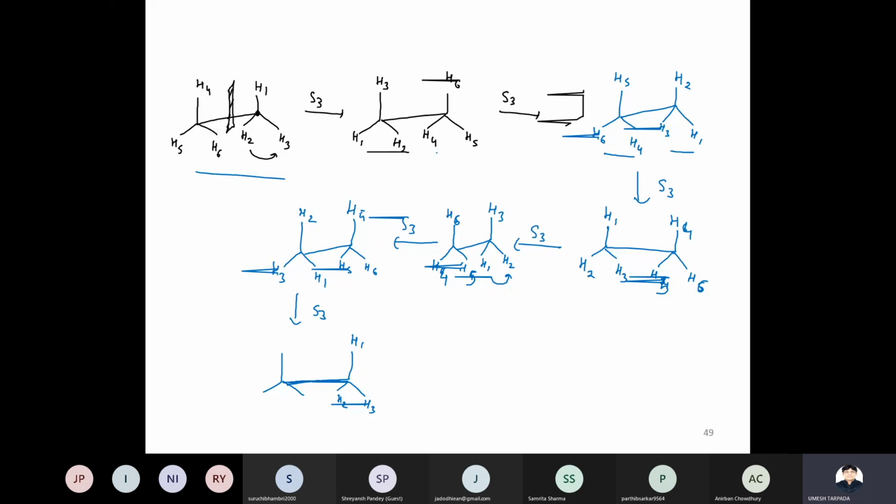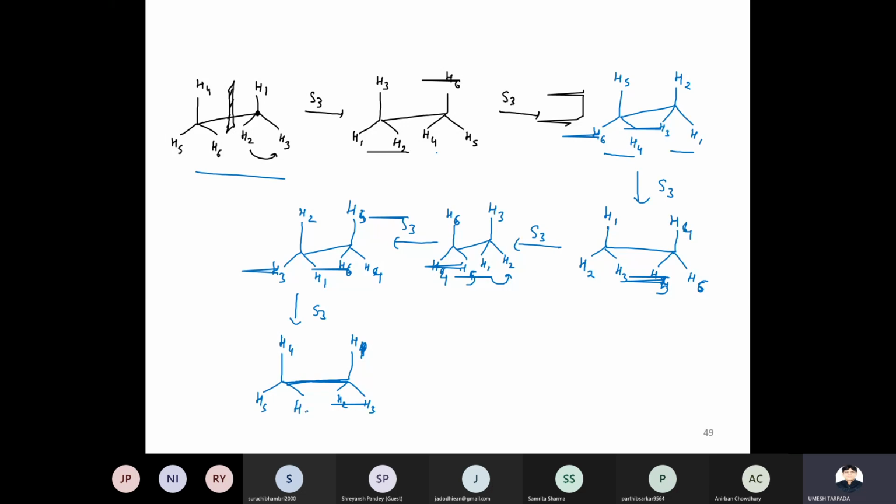Now further you can go for rotation, so H5 comes to here, H6 comes to here, and here it is H4, and then you can further give rotation, then here it is H4, sorry, H1 is already there, here it is H4, here it is H5 and H6.